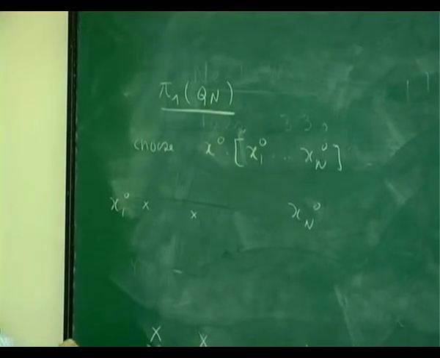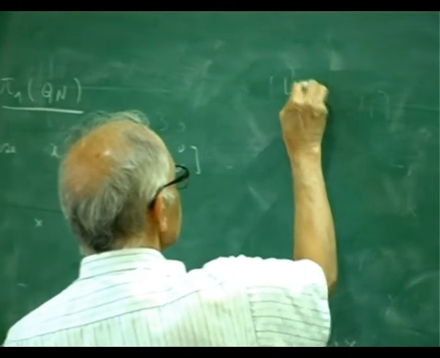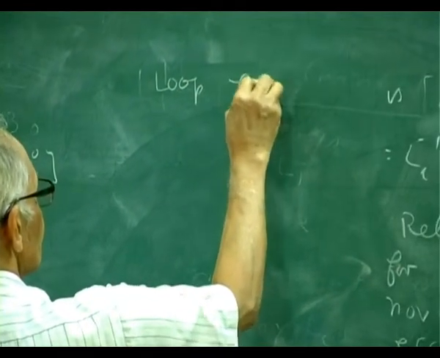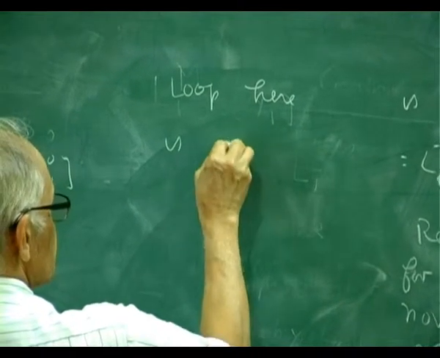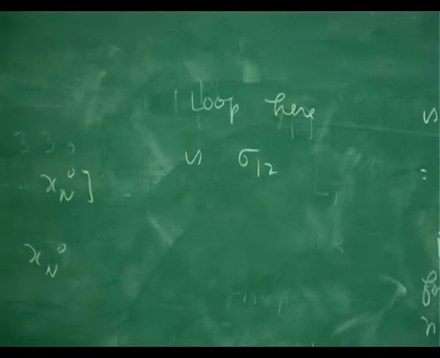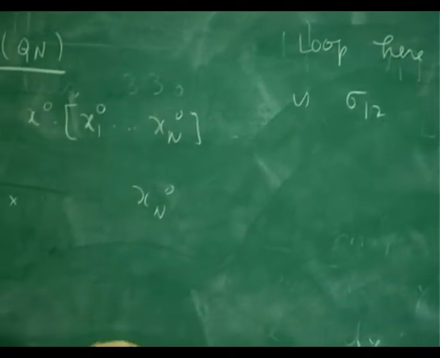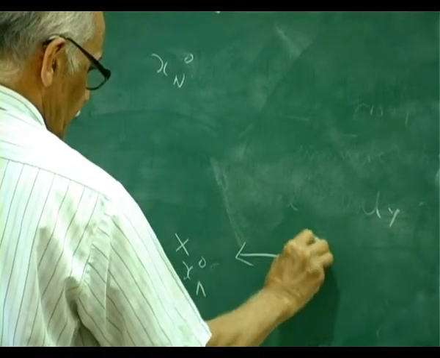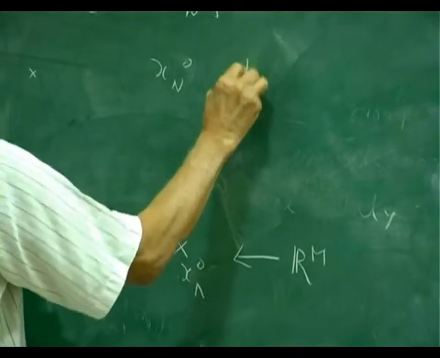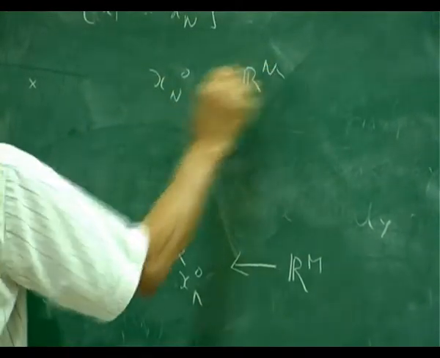Now, I will write a loop here, let me call it sigma 1 2. What is a loop? This is my Rm, these are living in Rm, and this is, if you like, time or the homotopy parameter, the curve parameter t of the loop, going this way.